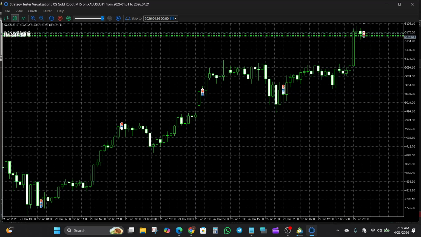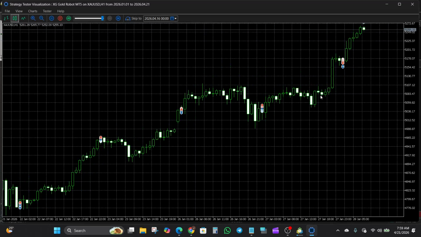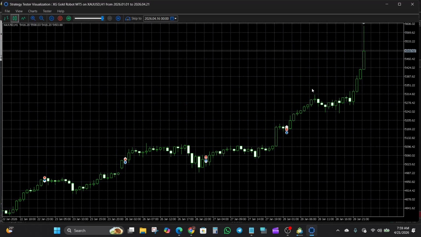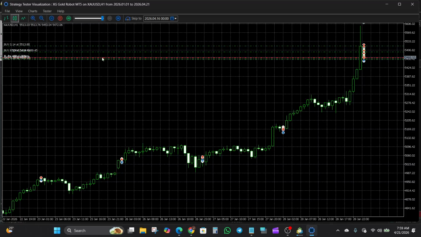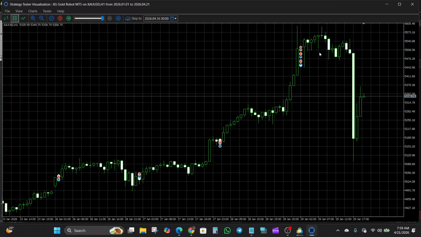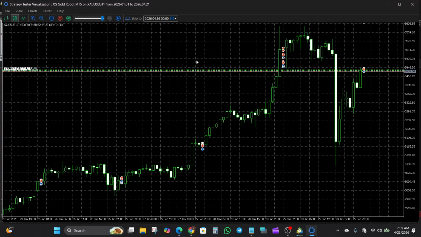Now, in terms of exits, you can also see that the trades are managed with a combination of structured stop loss. You will see that each trade is executed alongside a stop loss.